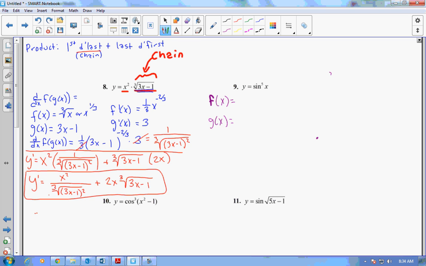Sine 5x? Okay, the exponent 5 is part of F. Something raised to the 5th power is what? X to the 5th. And then what's been stuffed into the x position being raised to the 5th power is sine. The hardest part is pulling apart your F's and your G's.